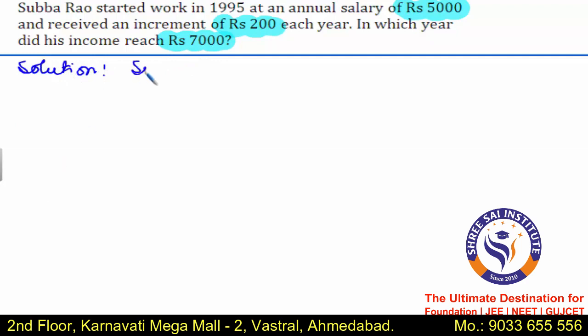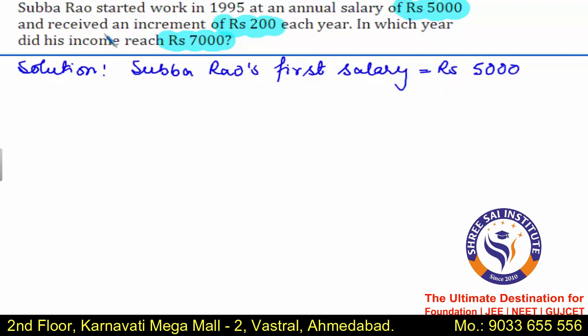We are given Subba Rao's first salary is equal to rupees 5,000 and he received an increment of rupees 200 each year.